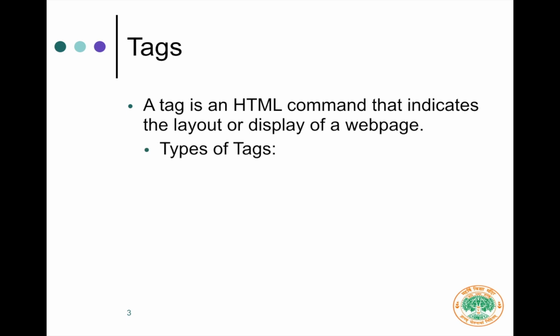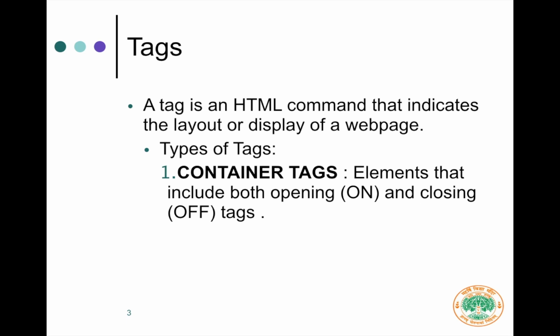There are basically two types of tags. First is the container tags and second is the empty tags. Let's try to understand what container tags are. The elements which include both opening and closing tags are called container tags. It will be more clear when we go to the hands-on session on HTML. There are certain categories of tags which require both opening and closing tags.